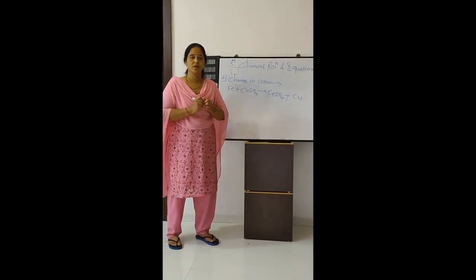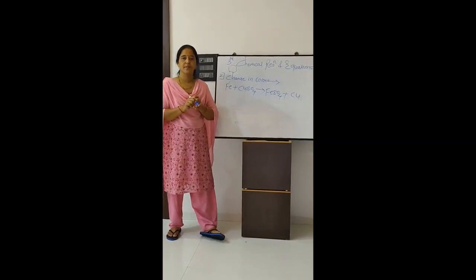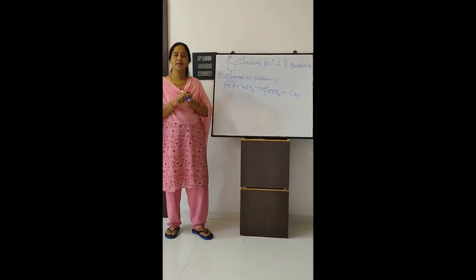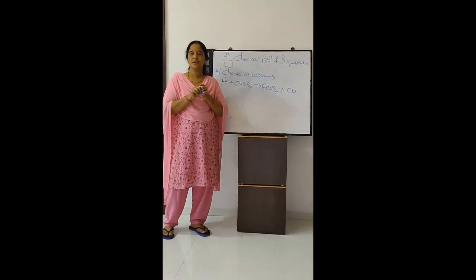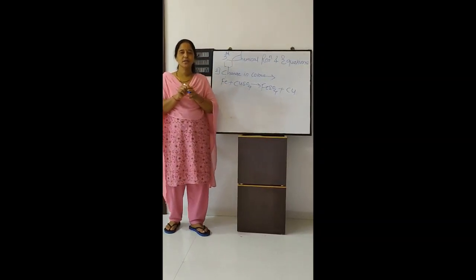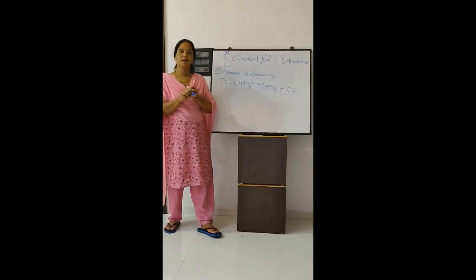The aqueous solution of copper sulfate is of blue color, and when we mix iron in it, the color changes to bluish green. The new solution is iron sulfate and copper settles down at the bottom.